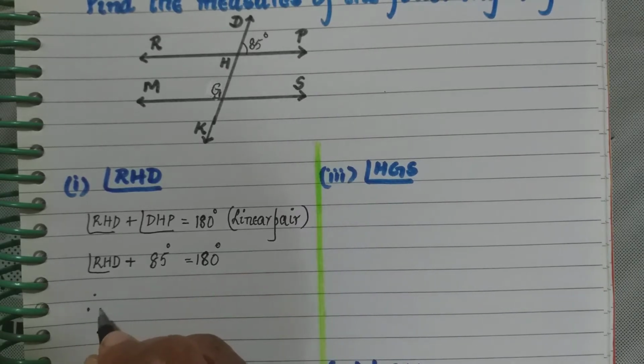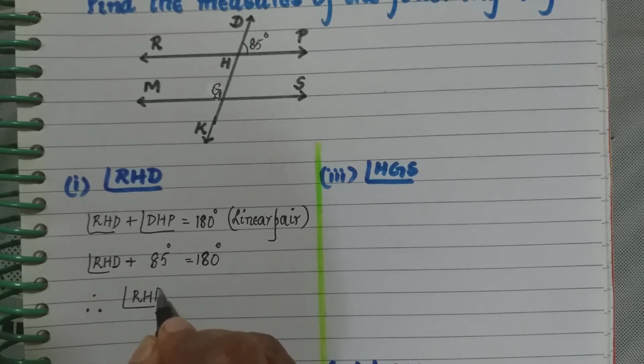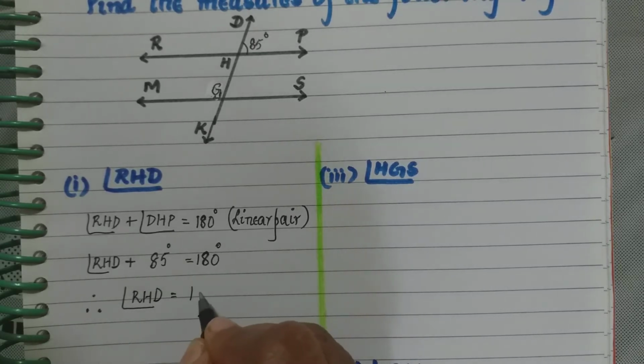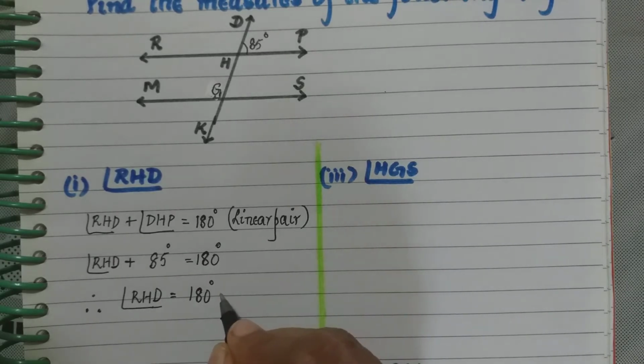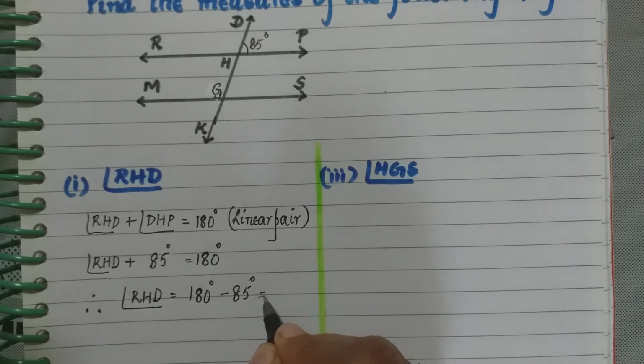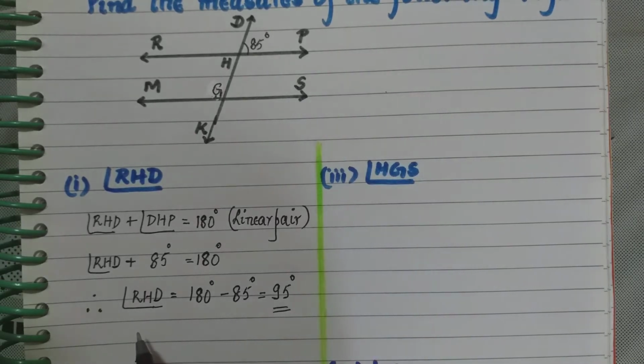Therefore, angle RHD is equal to 180 degrees minus 85 degrees, which is equal to 95 degrees. Therefore, we have angle RHD equal to 95 degrees.